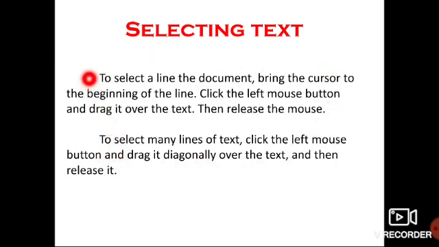I have to bring my cursor to the beginning of the line, that is before T, and then click on left mouse button, and then when you click left mouse button, by clicking you have to just drag the mouse till the text finishes or till which line you want to select, and then release the mouse. So to select many lines of the text, you have to just drag the left mouse button diagonally over the text and then release it.